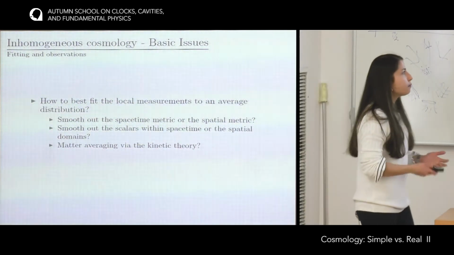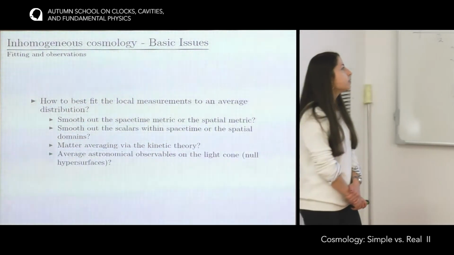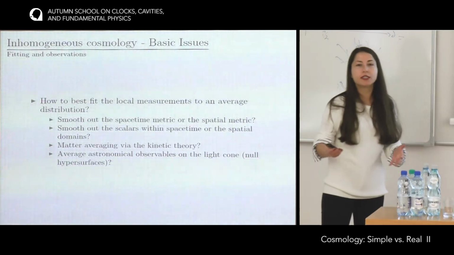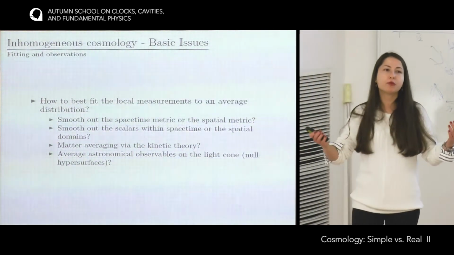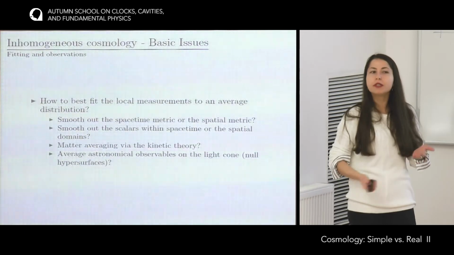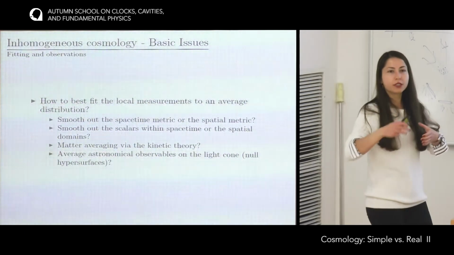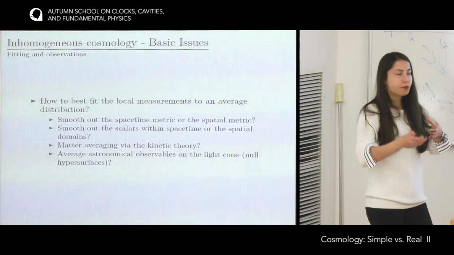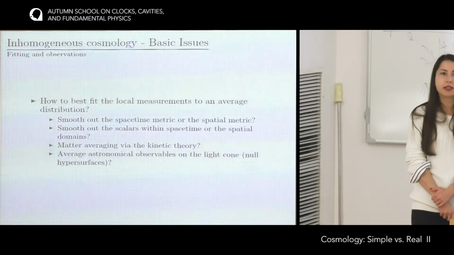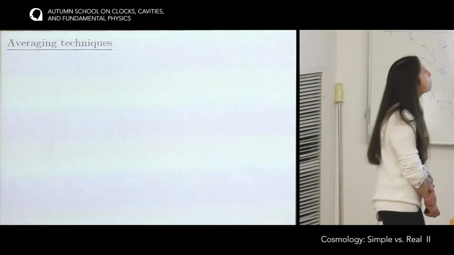Are you going to do some metric averaging via some kinetic theory maybe? And when you get the data, the information propagates along your light cone. So should you be doing some light cone averaging rather than smoothing out on the spatial sections? So those are the questions still under debate in the inhomogeneous cosmology community.